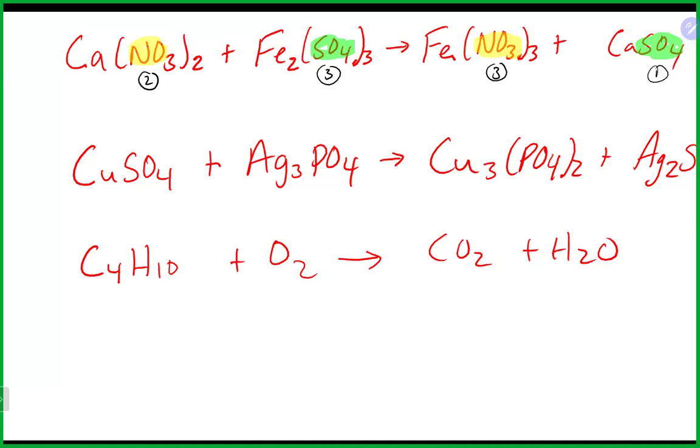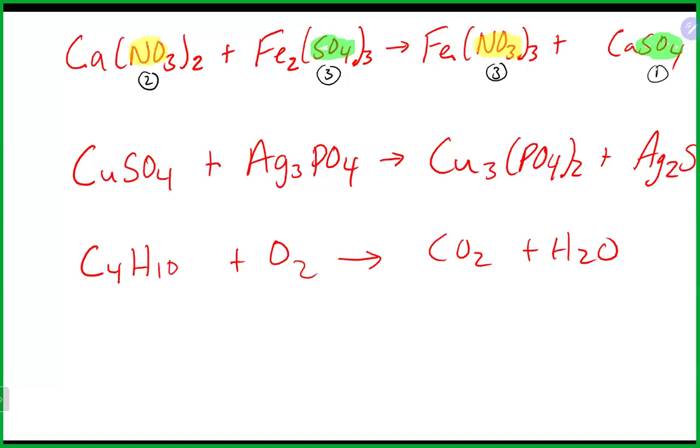Just like before, it seems much easier that I could balance the sulfate by just putting one number on. If I wanted to balance the nitrate here, I would have to put numbers on both sides, right? So it's a little bit more complicated. So just to keep it a much simpler approach, I'm going to start with the sulfate. But like I said, if you wanted to start with the nitrate, it would work out the same as well. It just might be a little bit more numbers that you have to start with.